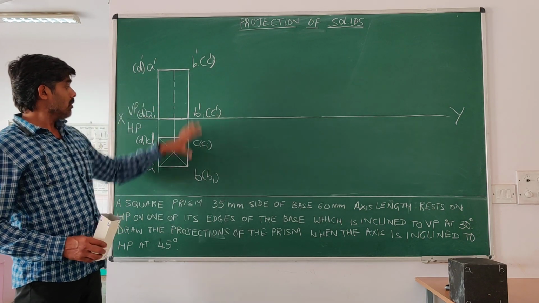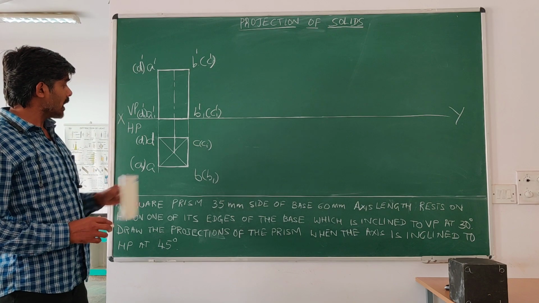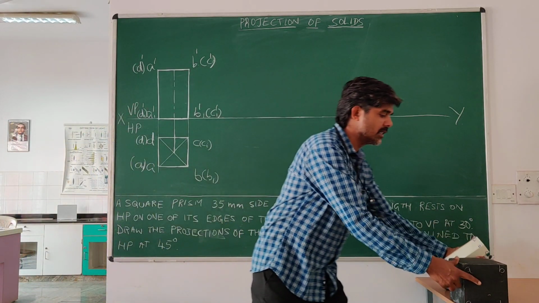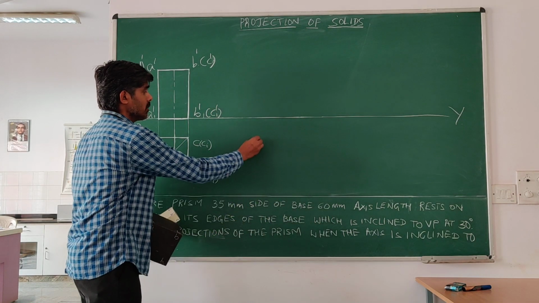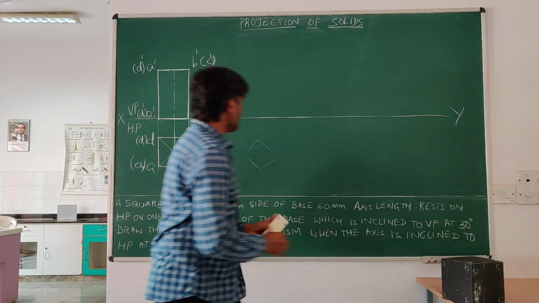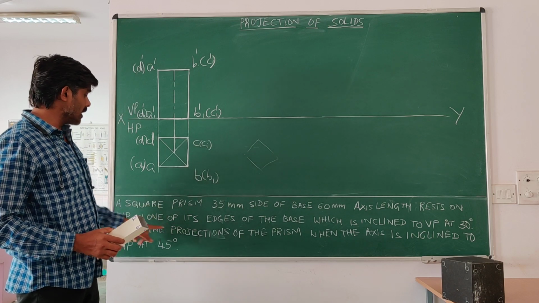Now we have constructed this top view and front view. I could have drawn this diagram this way also. For example, if I had kept it this way, I would have drawn the top view like this. So why did I go for this particular one? Because of the condition given.